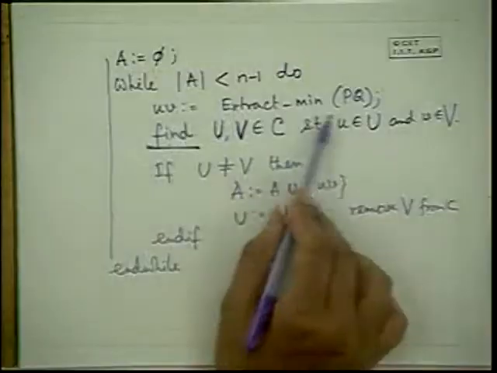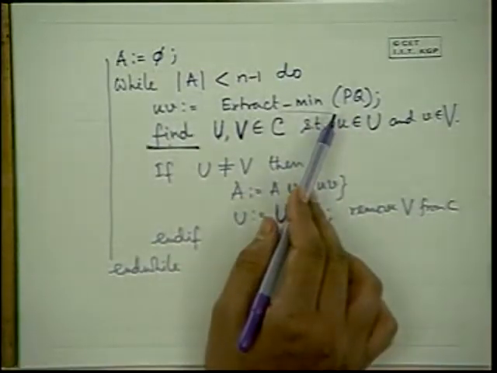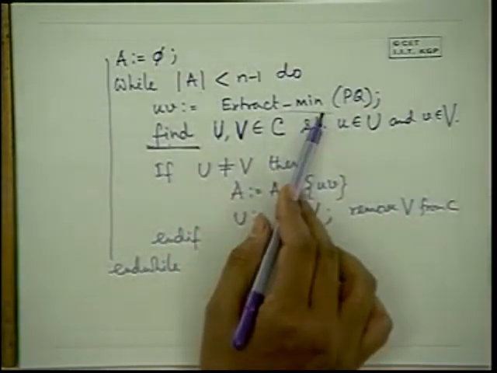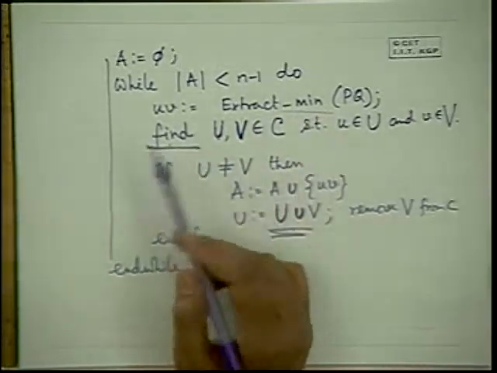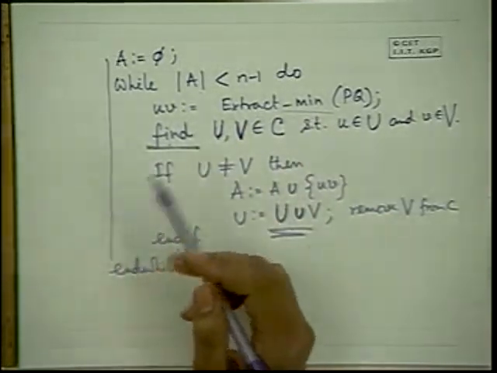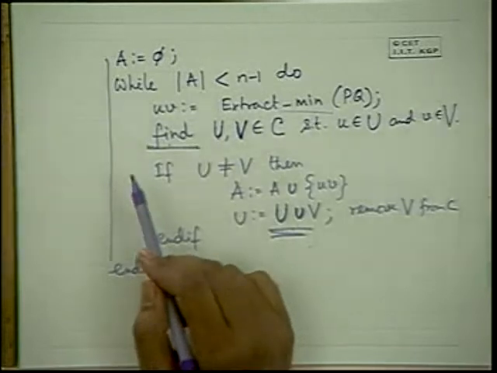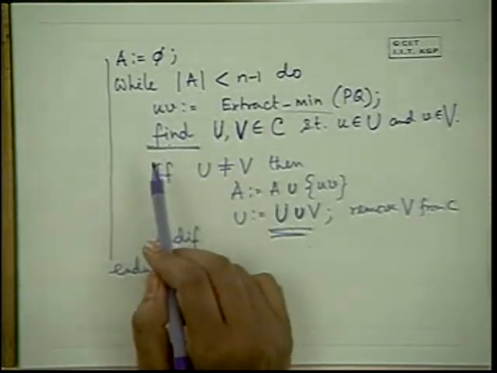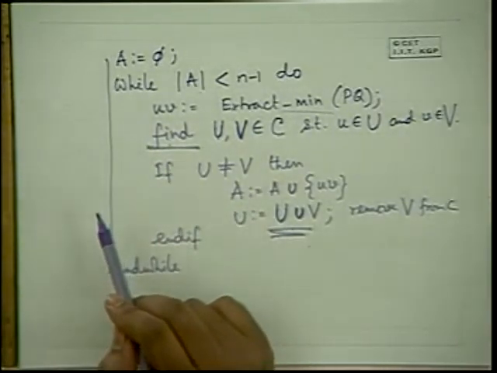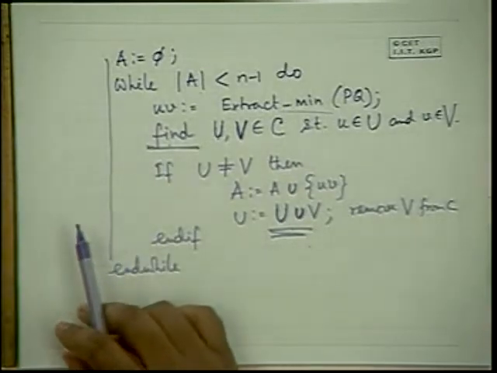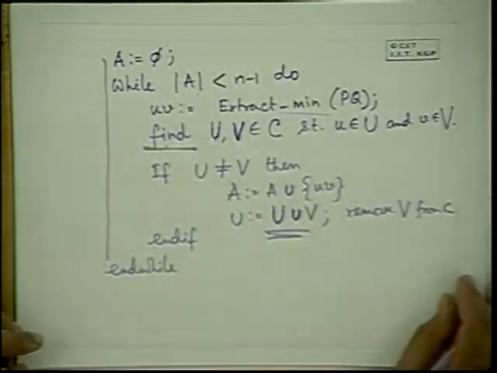If there are m edges, you have to use m log n complexity at least to sort this, because you are anyway doing extract min, which takes log n, and how many extract mins? This time it is not the vertices which you are extracting, it is the edges which you are extracting. That you cannot avoid. So we will see in the next class what is the actual complexity.